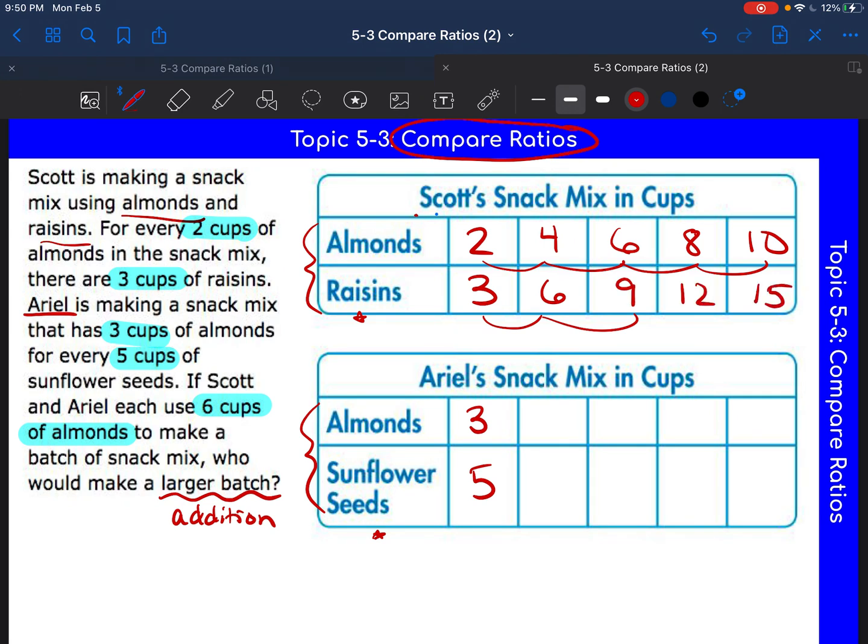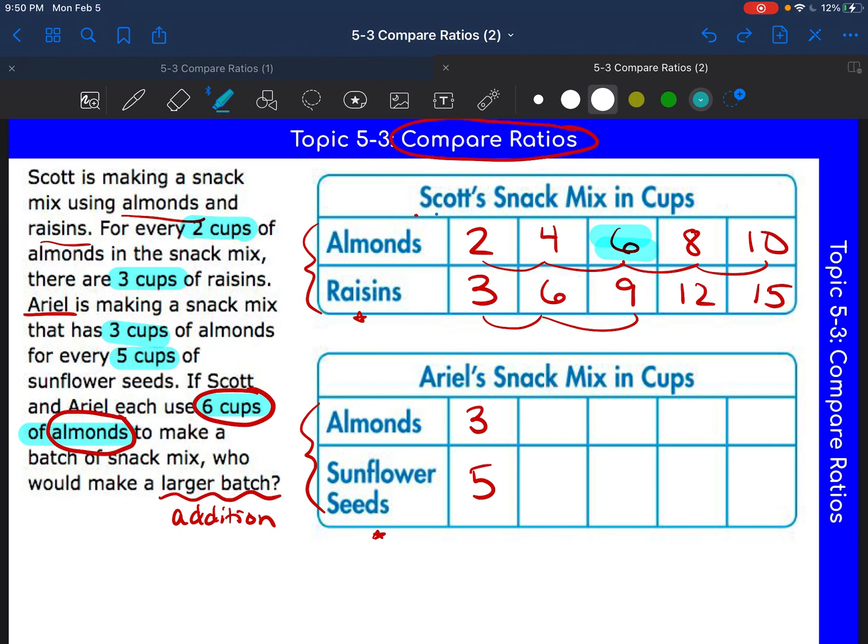Now, we can't compare anything yet because we haven't done Ariel's, but we're looking for 6 cups of almonds. In this example, I see 6 cups here, but I also see 6 cups here. What 6 are we going to use for our comparison?